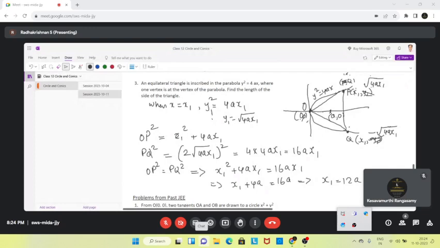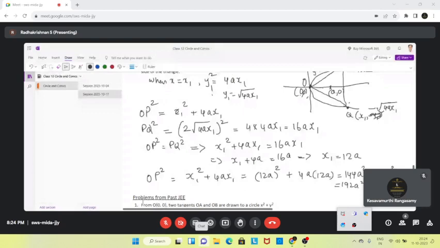Take any one of these, OP square or anything. Therefore, your OP will be root of 192a, and root of 192 we can write as 64 into 3, so 8 root 3 a.